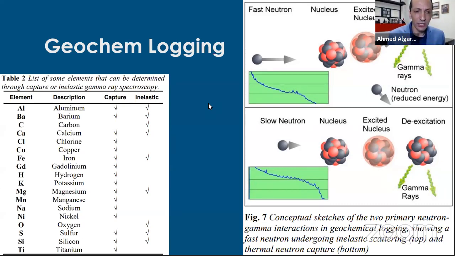So if there are, let's say, 5 different minerals, all of them having aluminum, or all of them having carbon, the tool, using data mining techniques, can translate each element to the right mineral. Okay, so that tool, we call it geochem log.